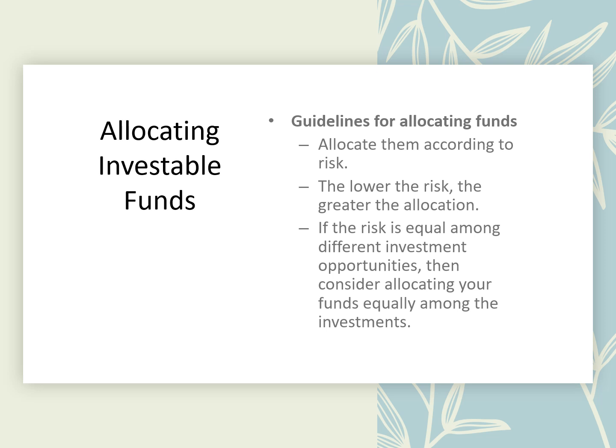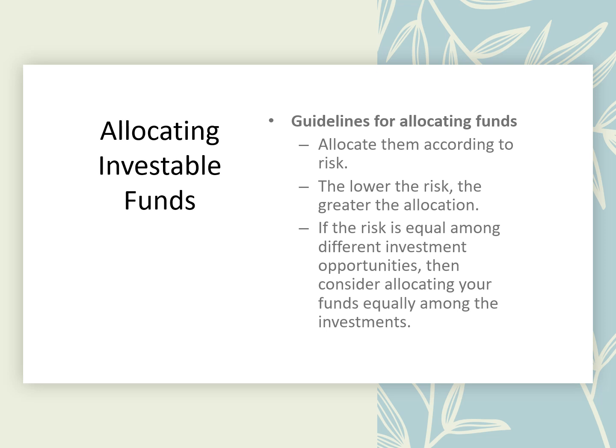And so I'll go back to the example of the 60-40 split, where in that strategy you're allocating more money to a higher risk asset class because you have a longer time horizon for investing.